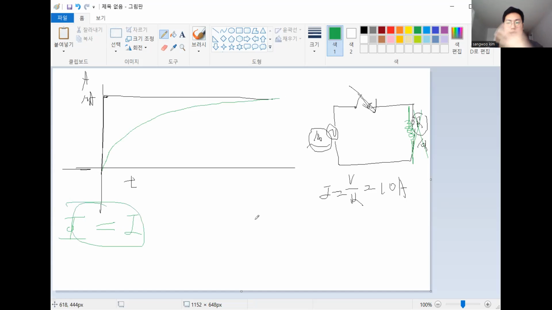For example, if I have current, then in the middle there is a magnetic field, flux. It's the same: the current causes the flux and the flux also causes the current. Only the dimension is different, okay?